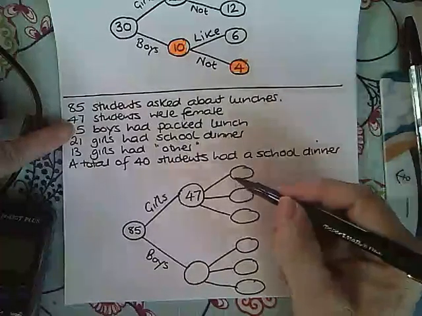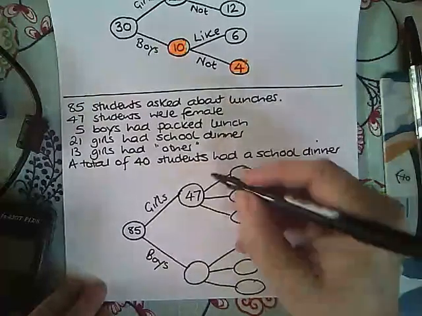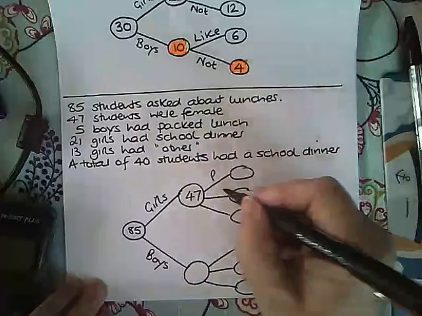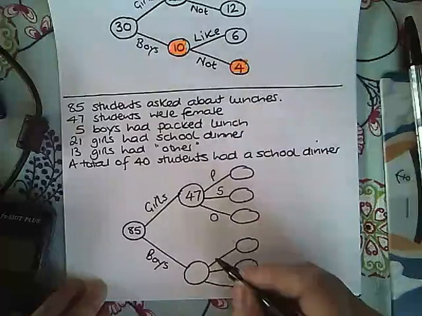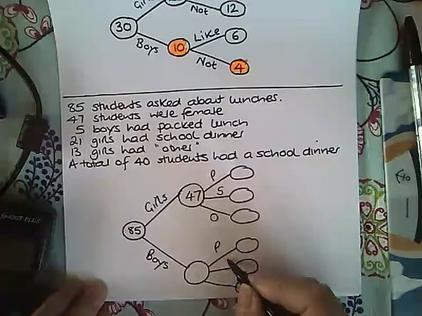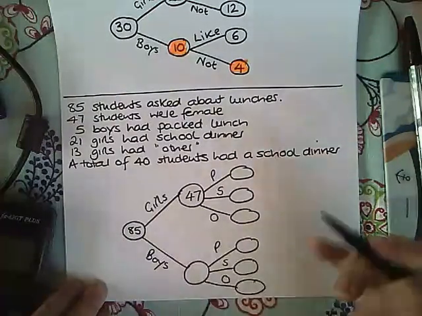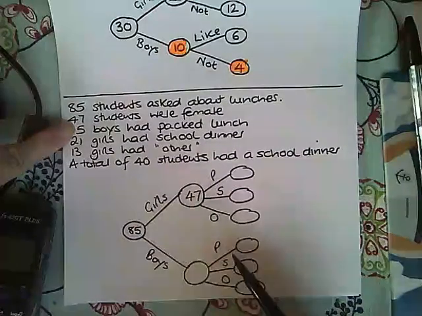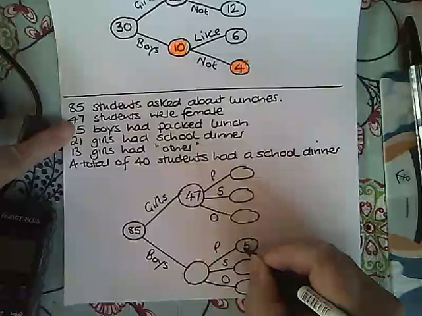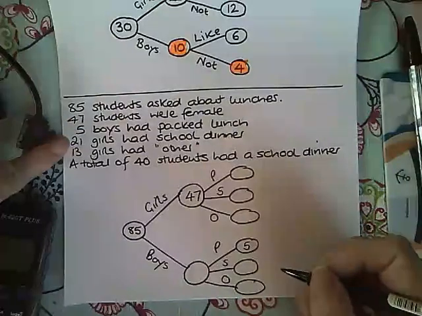And we need to fill in these bits here, don't we? So this is packed, this is school, and this is other. And we do exactly the same in the same order at the bottom. So packed, school, and other. 5 boys had a packed lunch. So boys, packed lunch is 5. 21 girls had a school dinner.